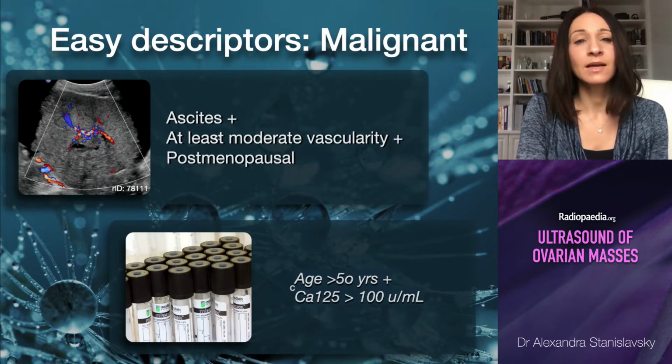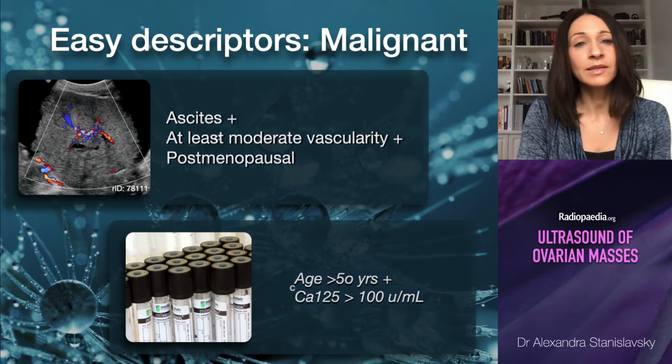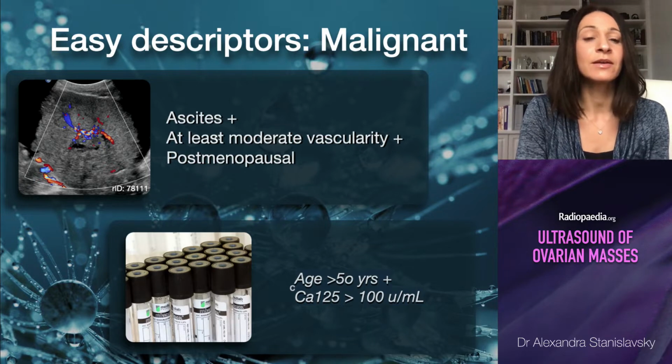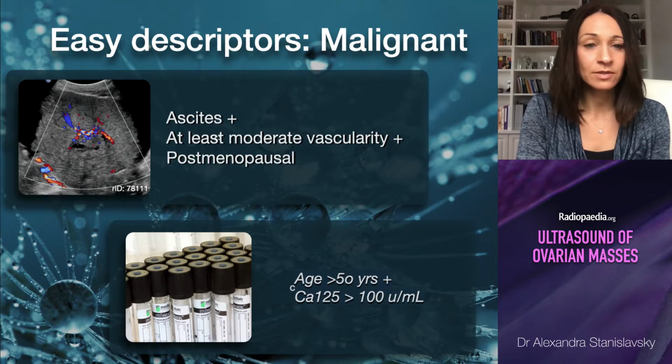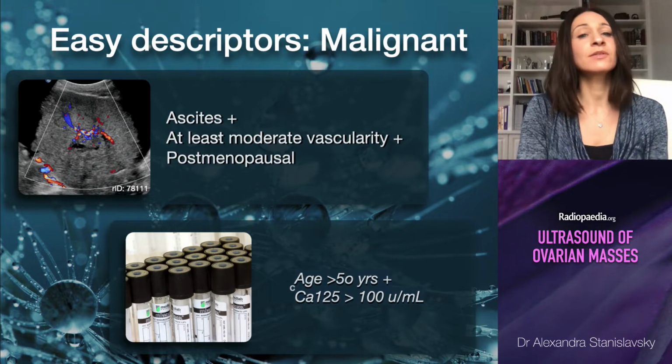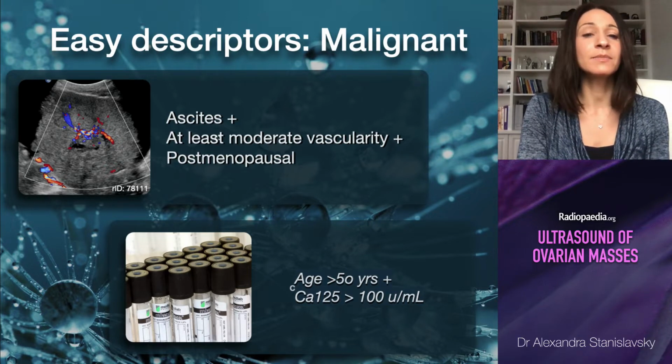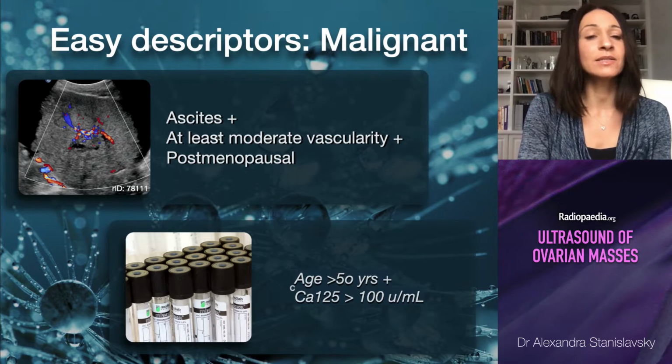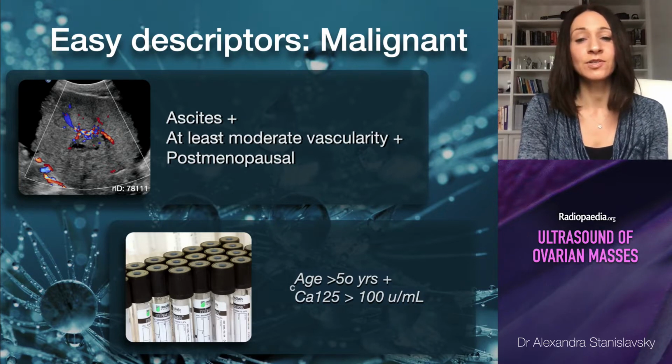And likewise, they have offered some malignant easy descriptors. So in a patient who's got an ovarian mass with at least moderate vascularity and ascites, and it is a postmenopausal patient, this is sufficient to regard this as a malignant lesion despite the presence of any other features.